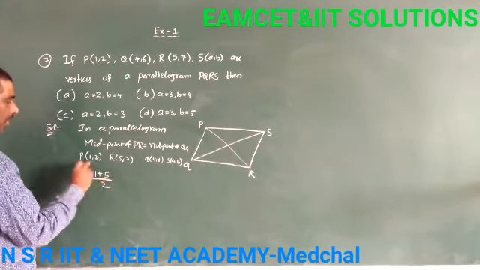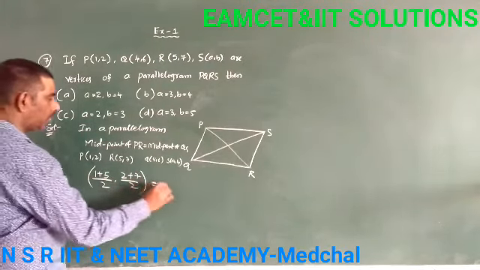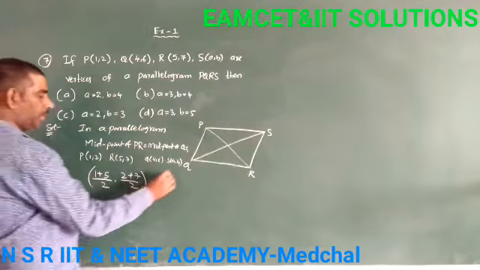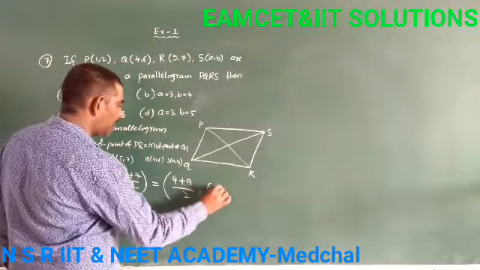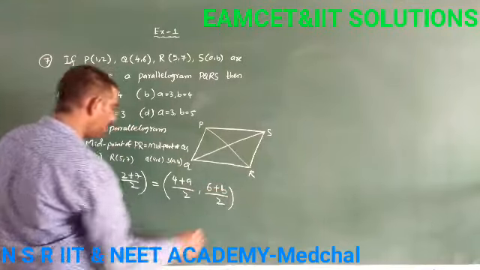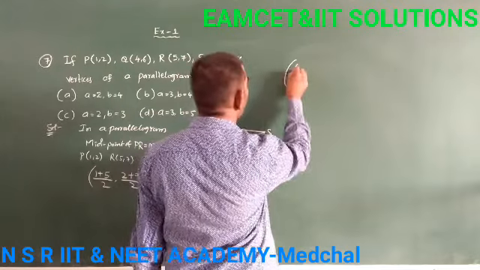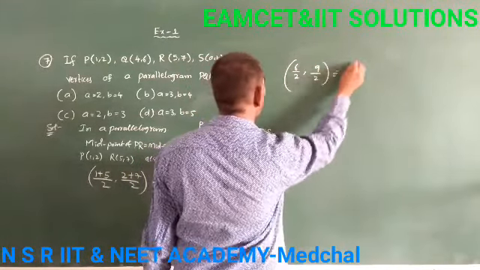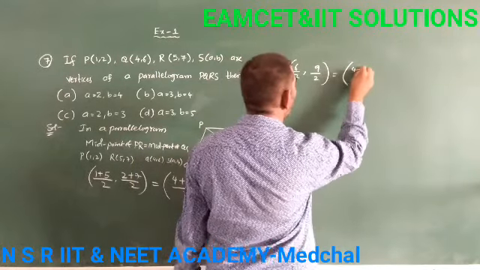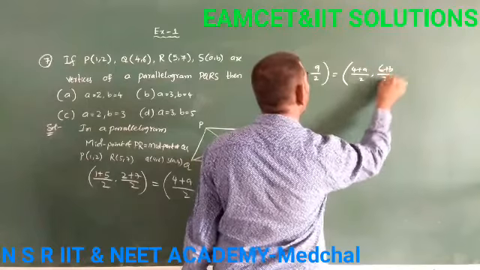Applying the formula, (1 plus 5) by 2 comma (2 plus 7) by 2 is equal to the midpoint of QS, same formula: (4 plus A) by 2 comma (6 plus B) by 2. So 6 by 2 comma 9 by 2 is equal to (4 plus A) by 2, (6 plus B) by 2.